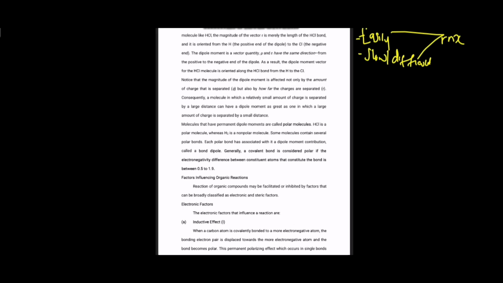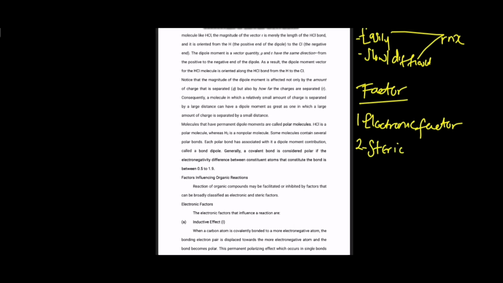The reason is that reactions are mostly influenced by certain factors. The rate at which a reaction occurs, whether fast or slow, is influenced by certain factors, and these factors are mainly of two types: the electronic factors and the steric factors.